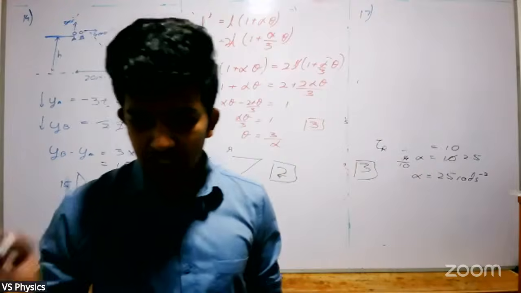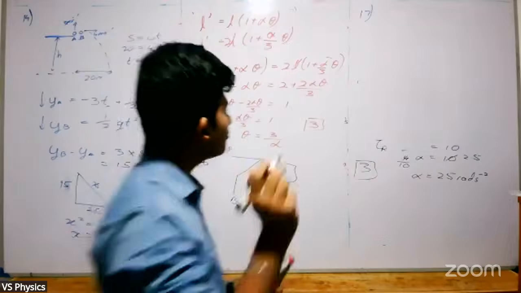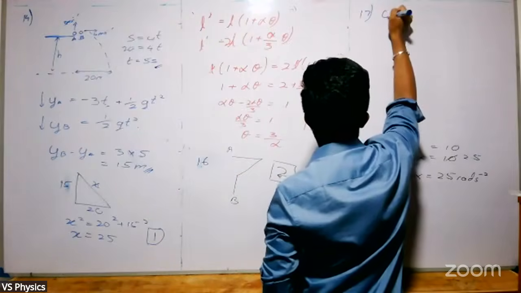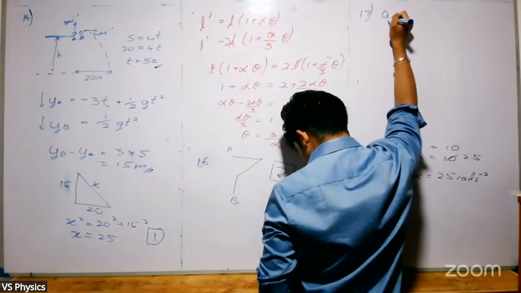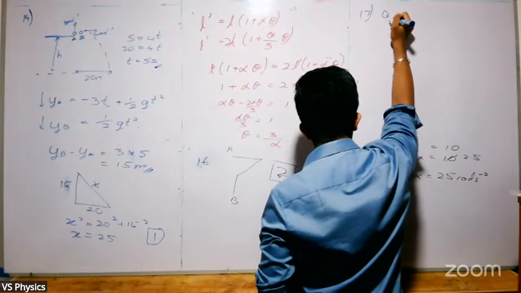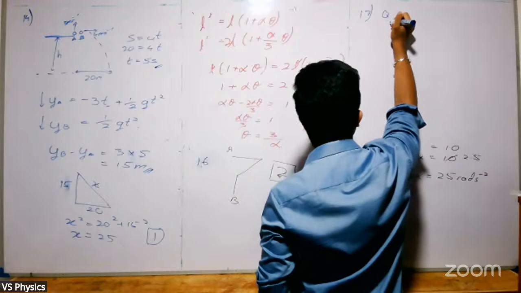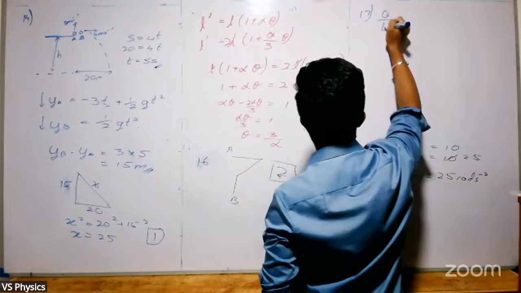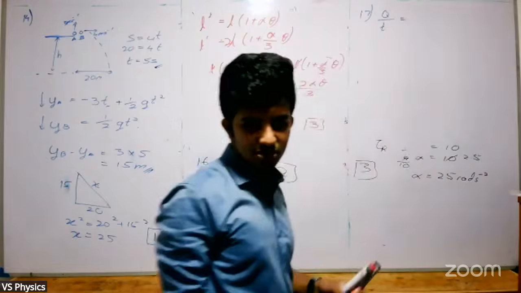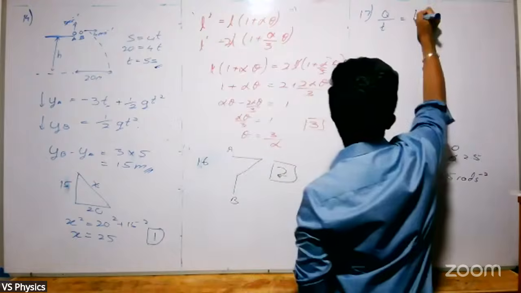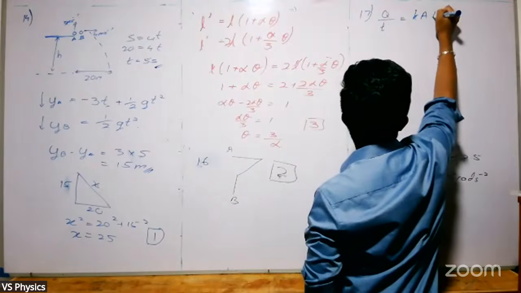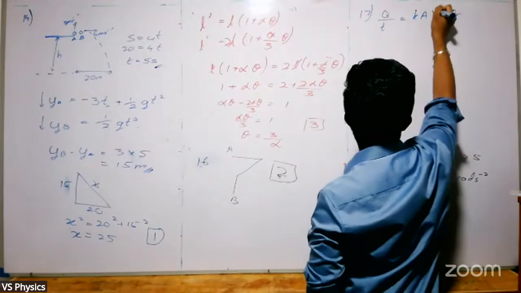We have this simple equation of Newton's law of cooling again. Rate of change of heat is equal to KA delta theta. Delta theta means theta minus theta r.